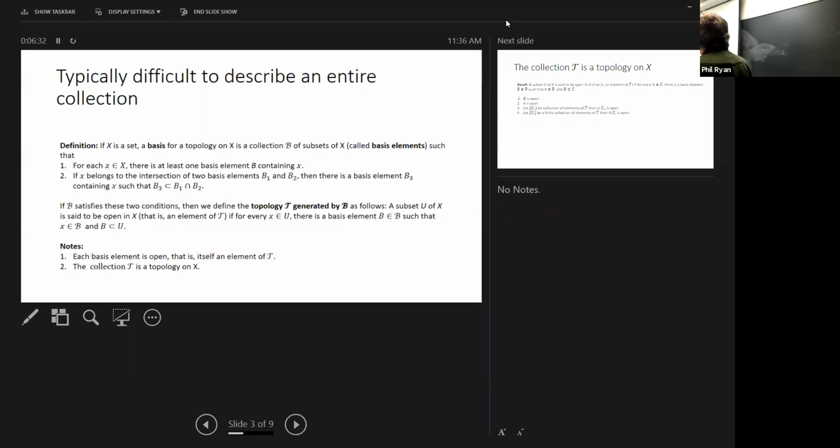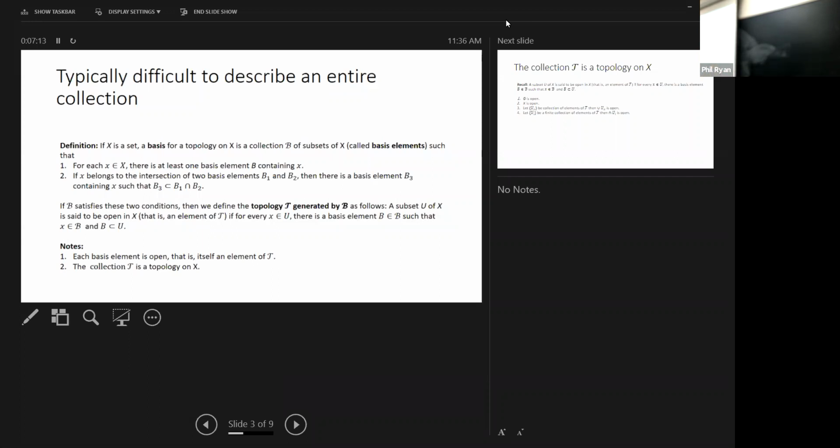A basis for the topology on a set X is a collection of subsets, which we'll call basis elements, such that for each element x in X, there's at least one basis element containing x. And if an element belongs to the intersection of two basis elements, then there is a third basis element such that x is in it, and that third basis element is contained within the intersection of the two given basis elements.